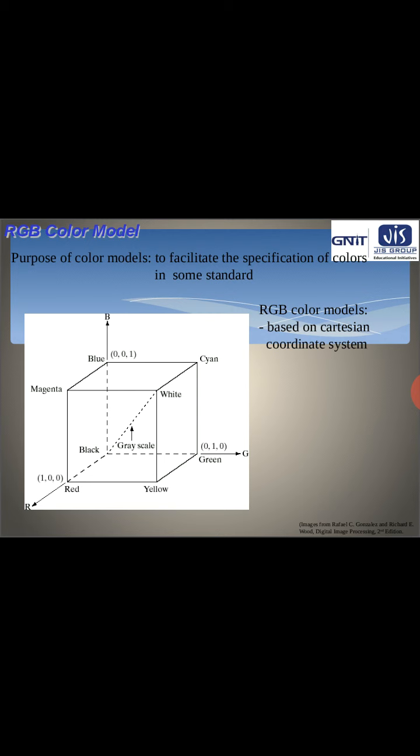Blue and red combined give magenta, blue and green give cyan, and red and green give yellow. If all the components are combined, it will give white, and if we convert these to corresponding monochrome values, it will give us grayscale. So this is the RGB color model represented using a Cartesian coordinate system.